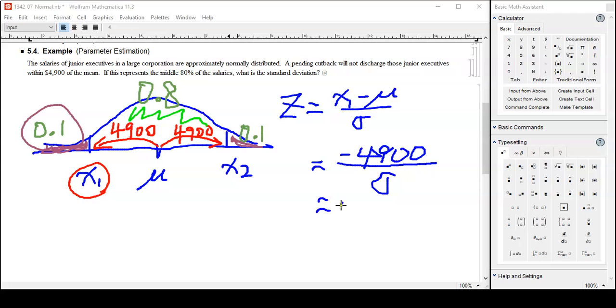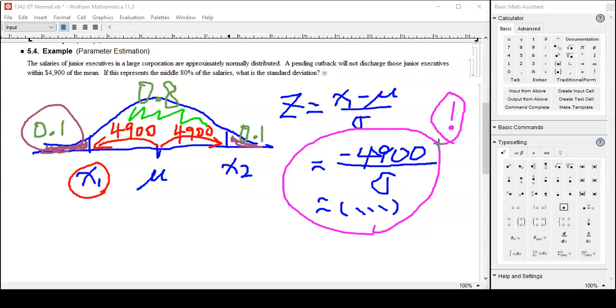That gives me an equation to solve. The numerator I know, and the other side I can look up in the z-table. I have everything except sigma, so sigma is going to be the answer.